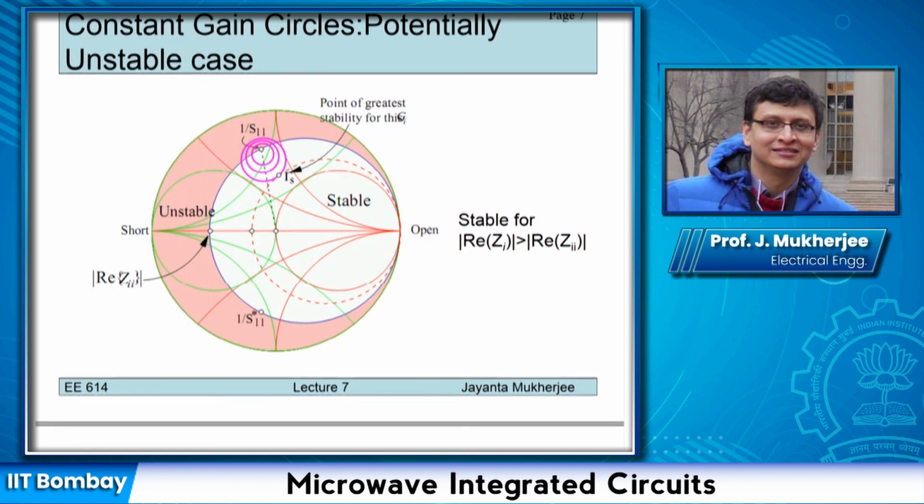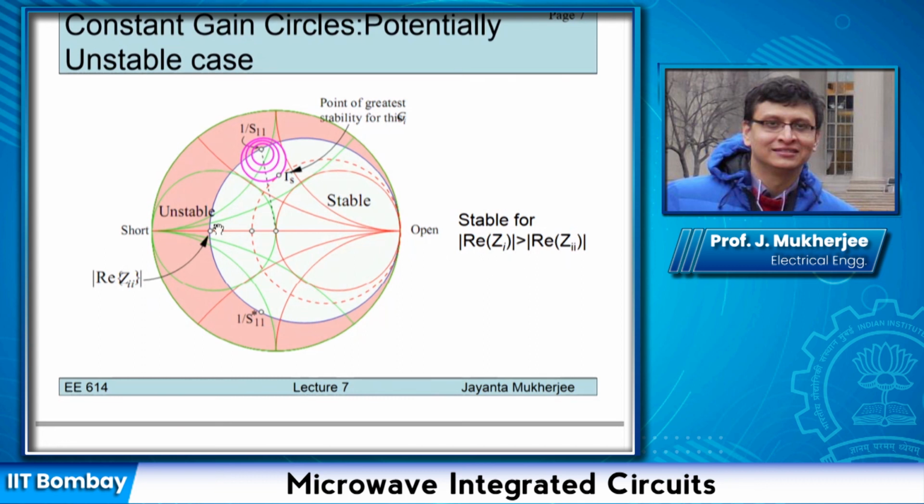Say the magnitude of real part of Zii is this point, then for real values of Zi greater than real values of Zii given by this equation, the gain will be stable. So which are the points on this gamma I plane which satisfy this equation?